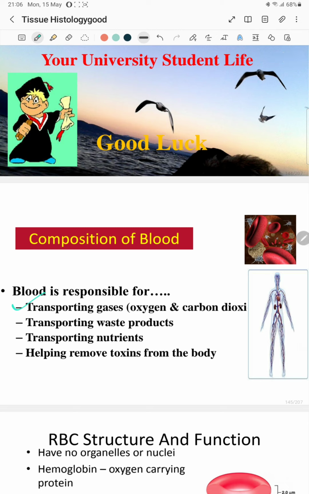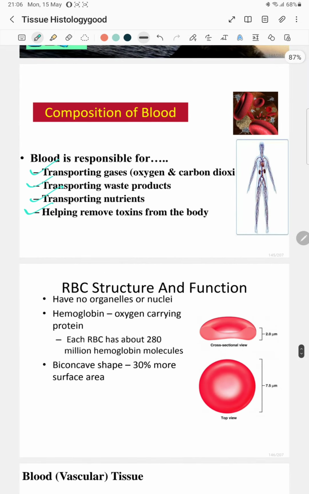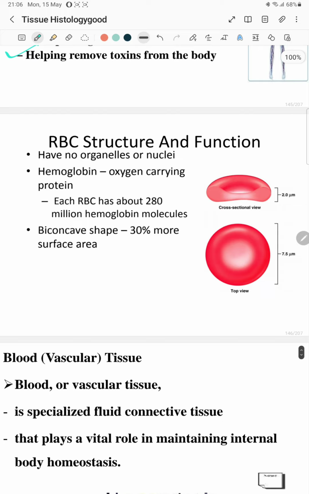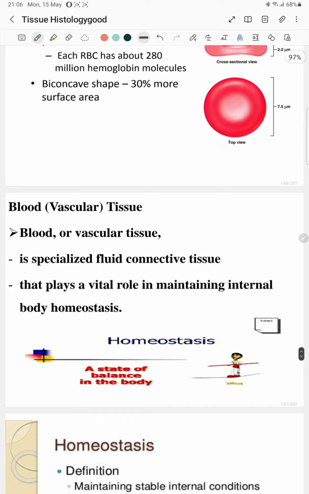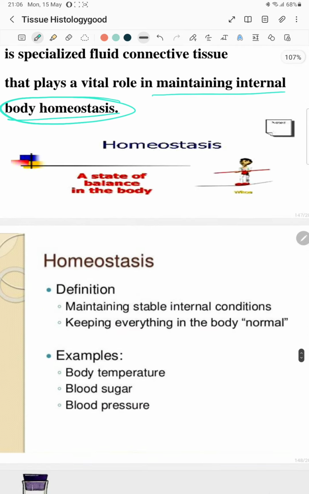They transport gases, waste products, nutrients, and help to remove toxins from the body. A toxin is an unwanted bad substance, right? RBCs are biconcave in shape, and they contain hemoglobin, an iron containing protein. That's why blood is red in color. They also play a vital role in maintaining internal body homeostasis. Homeostasis means balancing the bodily functions.